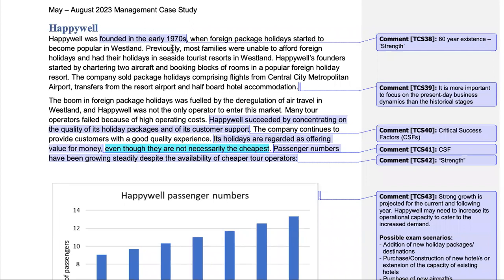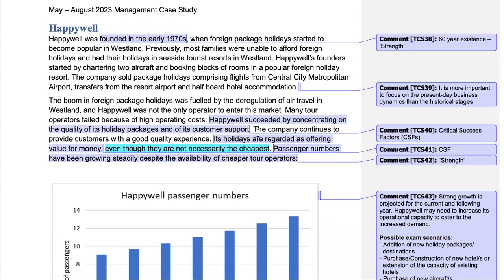Happywell was founded in the early 1970s, so the company has been in operation for the past 60 years. So these guys are known to the market, which is a significant strength. The examiner within the first paragraph itself talks about the history of the company, but it's much more important to focus on the present day business dynamics than what has happened in the past.